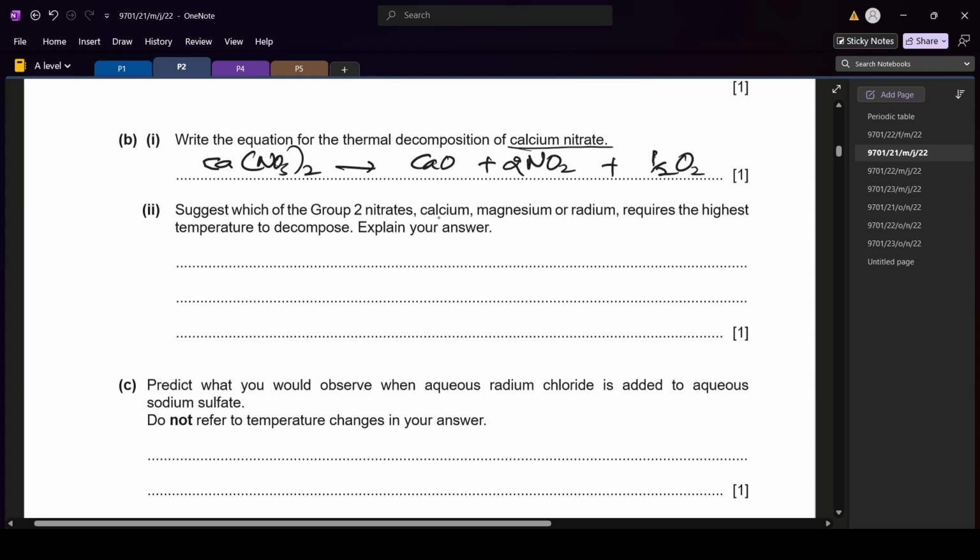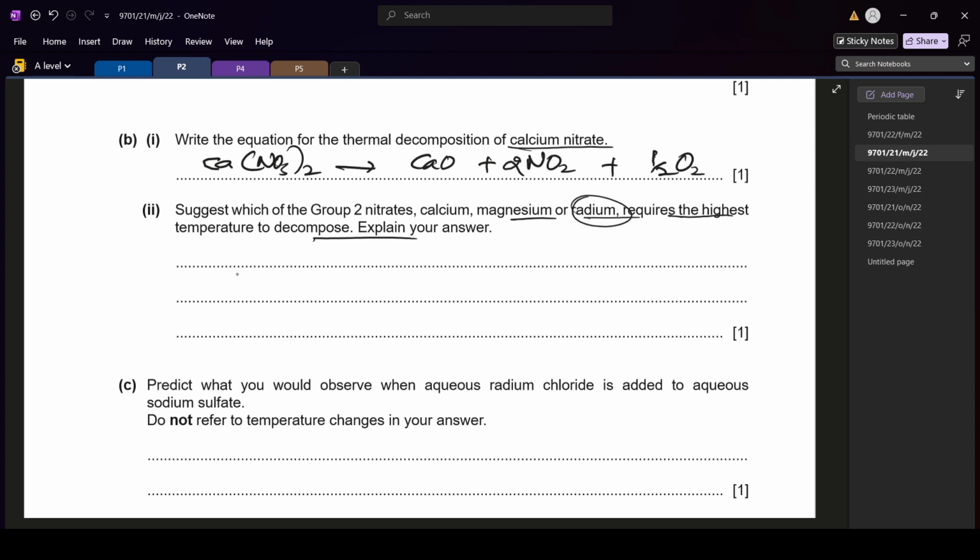Suggest which of the group 2 nitrates, calcium, magnesium or radium, requires the highest temperature to decompose. So it's going to be radium, because down the group thermal stability increases. And why does that increase? Because the size of the cation increases, so there is less polarization of the nitrate ion or anion.